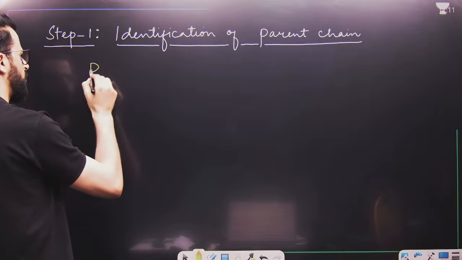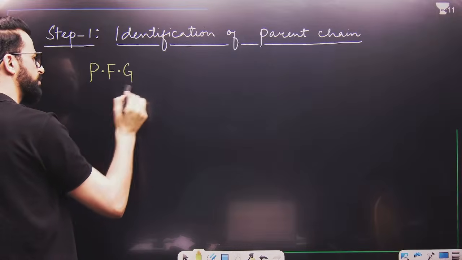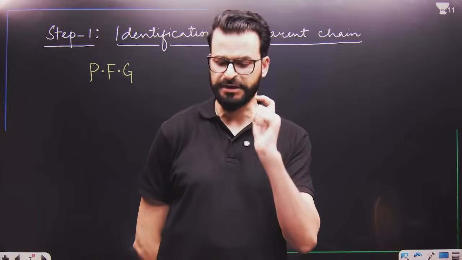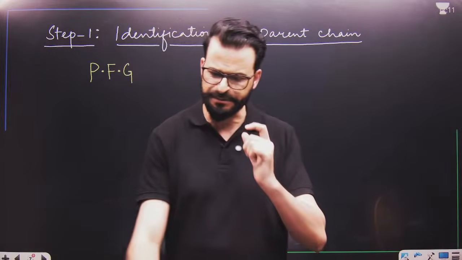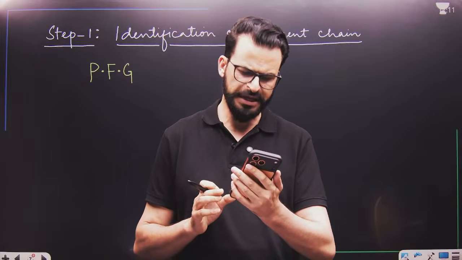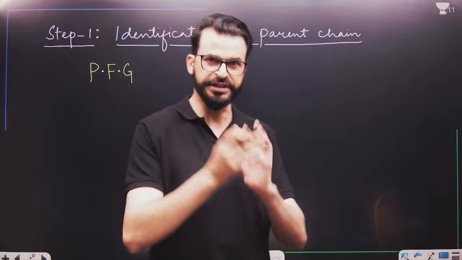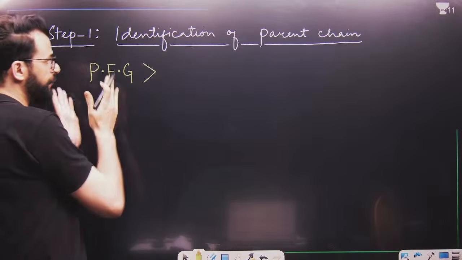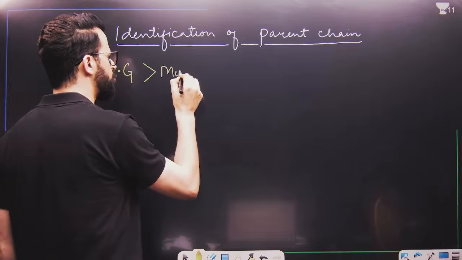First of all, parent chain must contain principal functional group. Is this point clear to you? After that, you have to give preference to multiple bond.